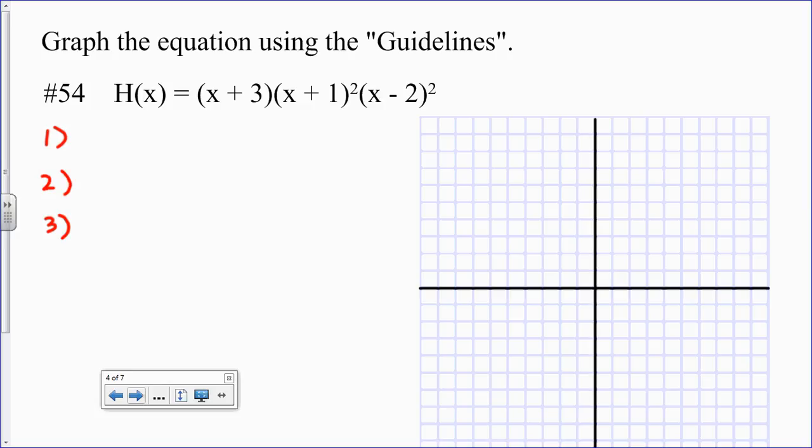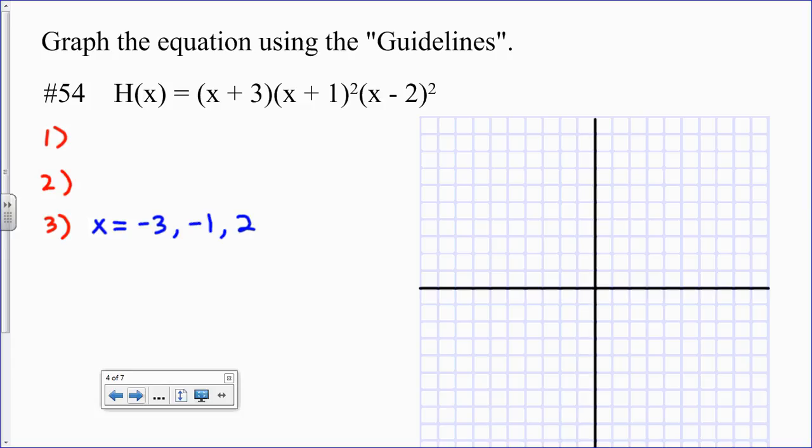So since this one is in factored form, I'm going to start with number 3, finding my zeros. Okay, so what are my zeros here? Negative 3, negative 1, and positive 2.